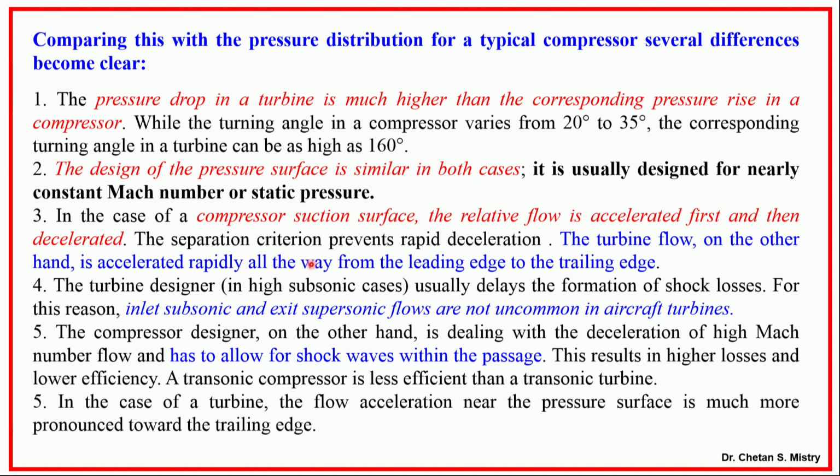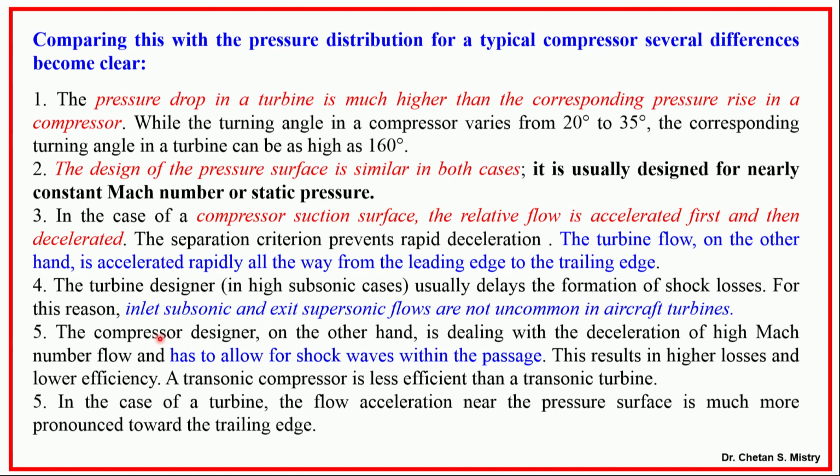Now, in a turbine, designers usually avoid the formation of shock, because it acts like a loss. For this reason, a subsonic inlet and supersonic exit is not uncommon; it is commonly observed in aircraft engines.